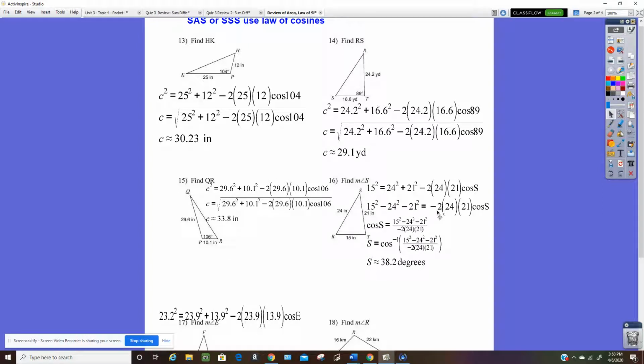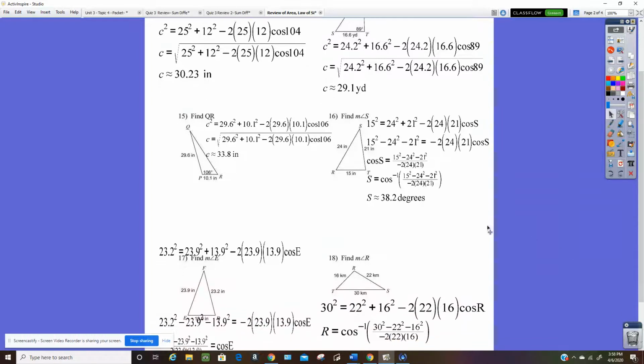Then that equals negative 2 times 24 times 21 cosine of C. So the inverse of multiplying is to divide both sides by this. So now I have cosine C is equal to 15 squared minus 24 squared minus 21 squared over negative 2 times 24 times 21. So you want to do the inverse cosine of this ratio, and you get 38.2 degrees.